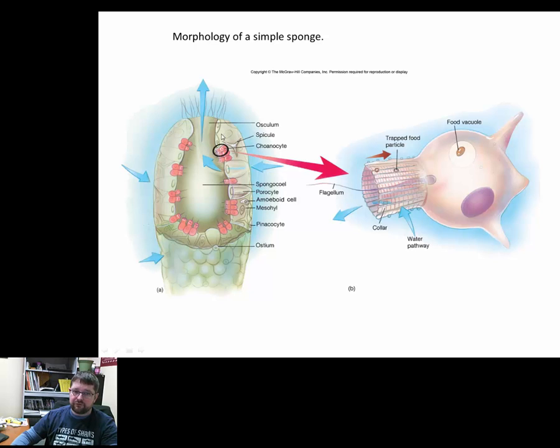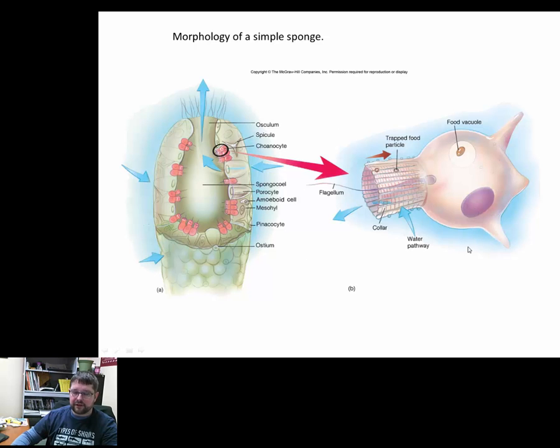So yes, this is a solid organism, but there are no tissues. There's just individual cells that act from an individual level. Again, there is some coordination depending on the organism. So all the flagella could be beating in a single direction, or this side could be beating in one direction, this side in another, so you can get a water current going.